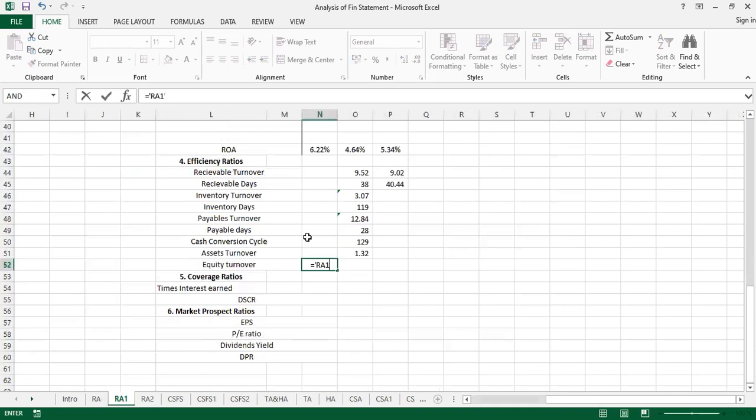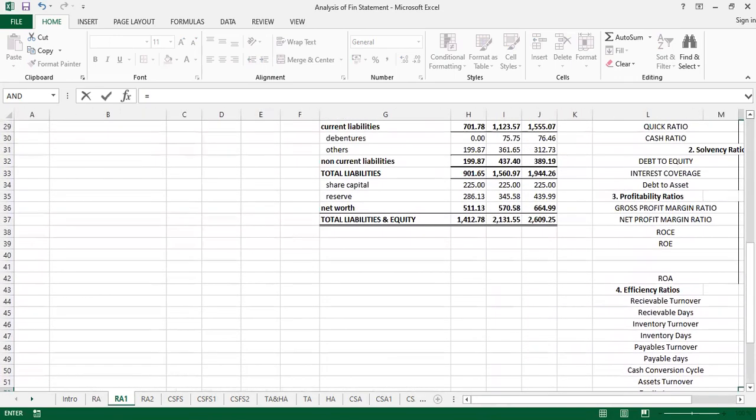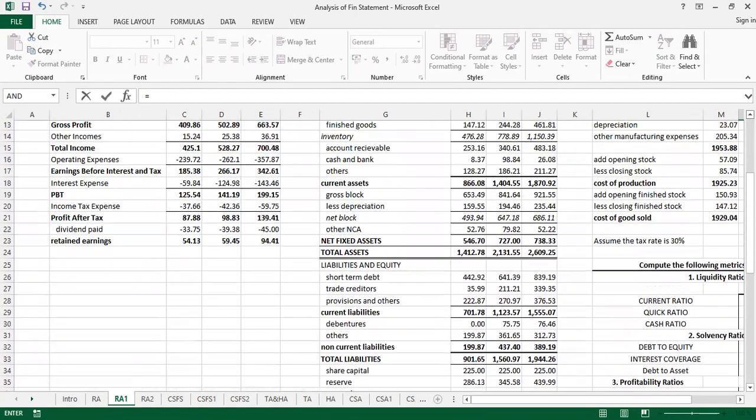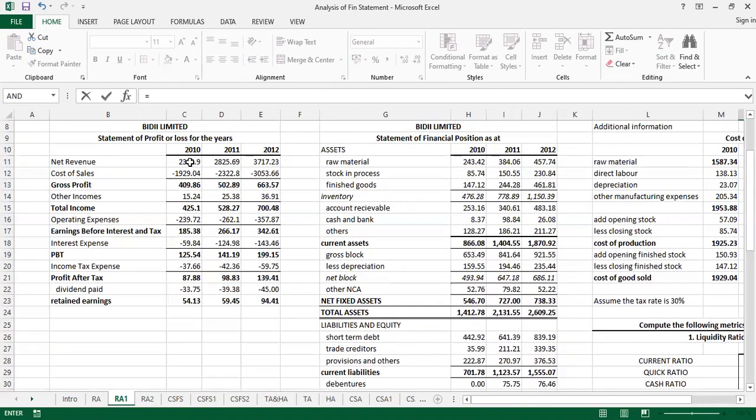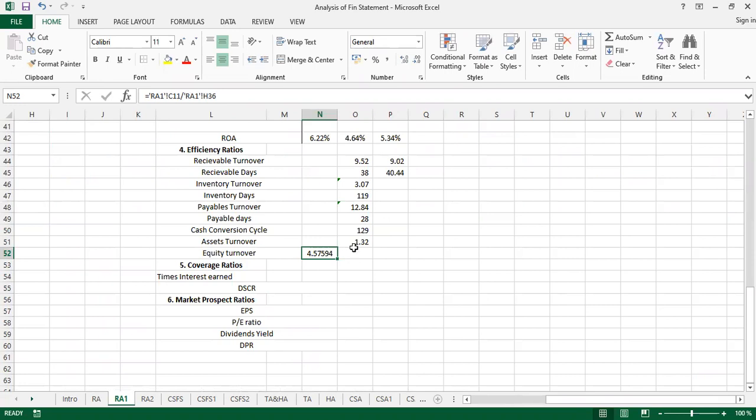So it will be equals sales, with our sales here, this one, divide by our net worth, because net worth is our total equity, this one here, Control Enter, Control Backspace to jump to the active cell. I'll do 2, then I drag along. Sorry. Okay, I'll drag along because it's 1.